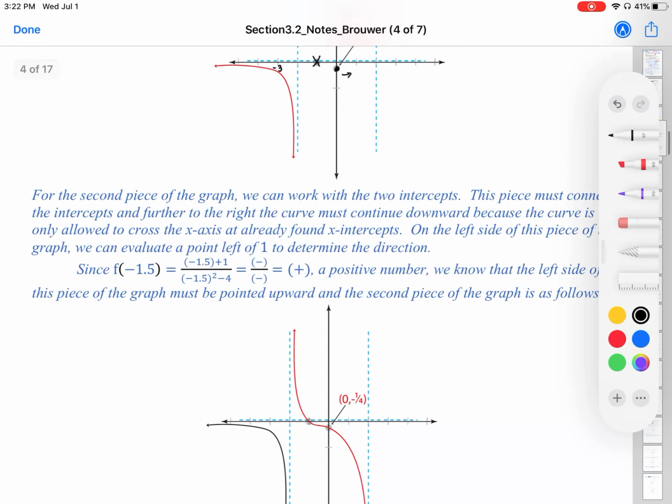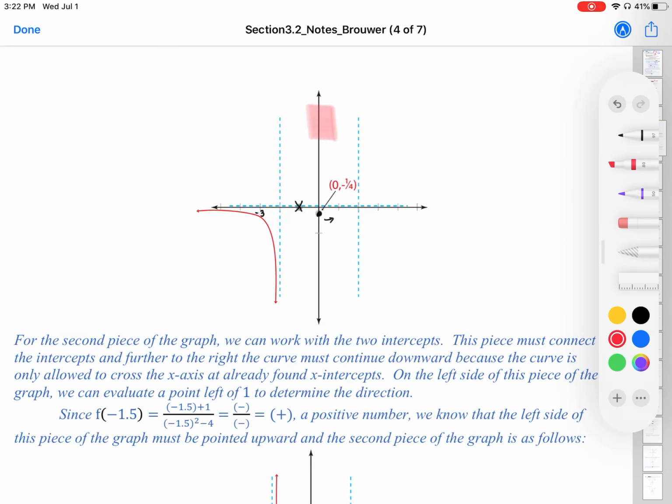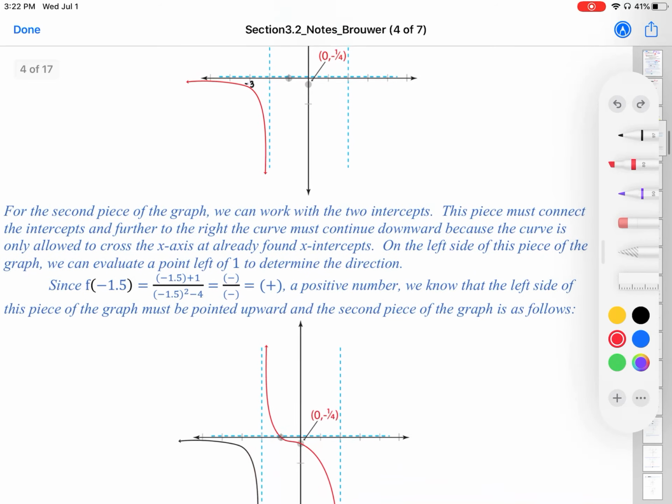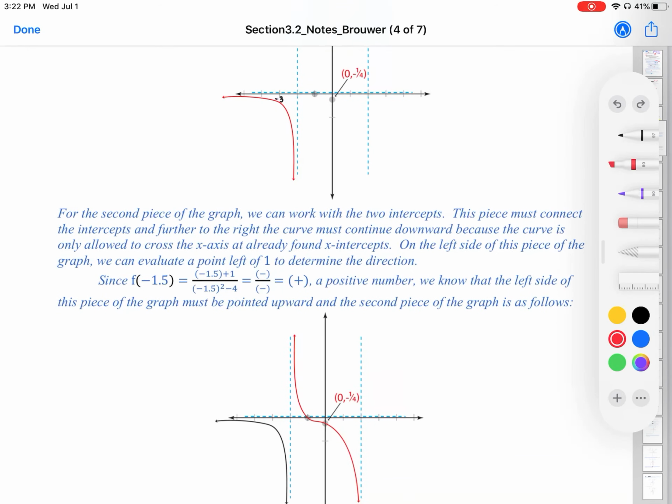For the second piece of the graph, meaning this middle piece right here, we can work with two intercepts. This piece must connect the intercept and further to the right of the curve must continue downward because the curve is only allowed to cross the x-axis at the already found x-intercept.